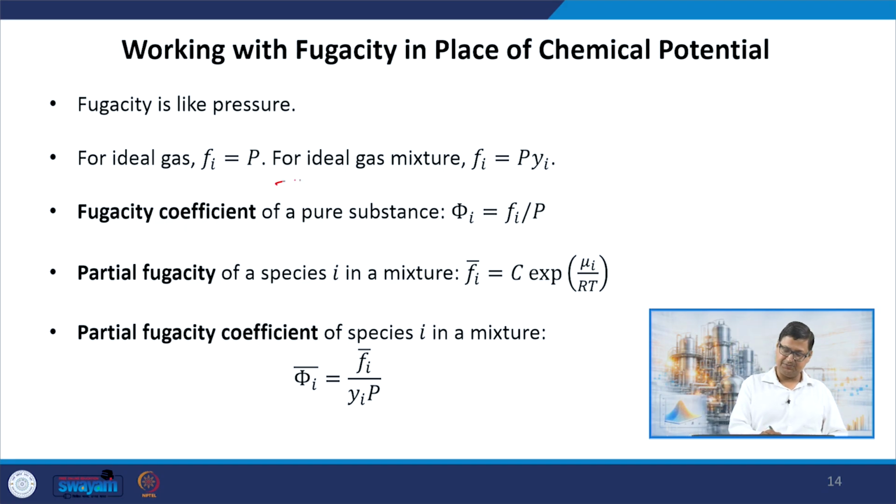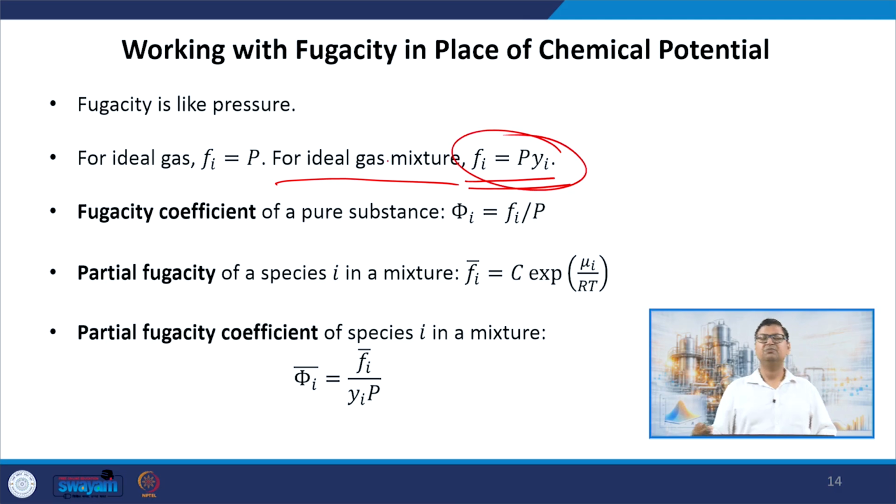For an ideal gas mixture, the fugacity is basically the same as the partial pressure, the pressure multiplied by the vapor mole fraction.